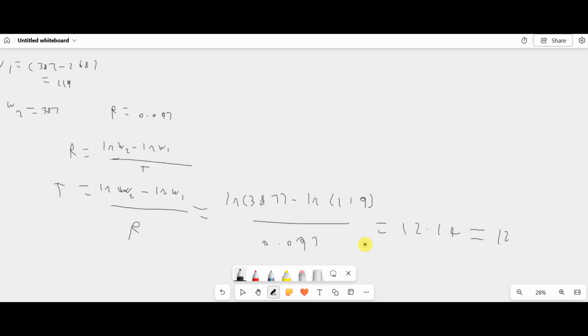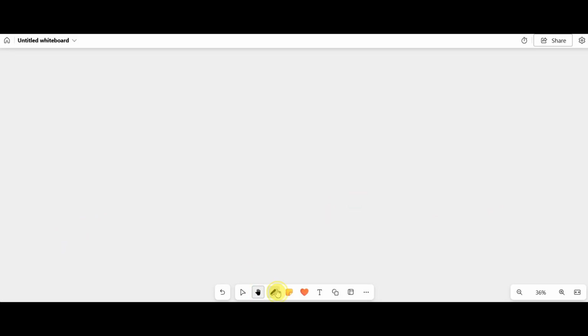Question 2, question 2A. It says you need to compare using potassium nitrate compared to ammonium sulfate. There'll be a graph here.